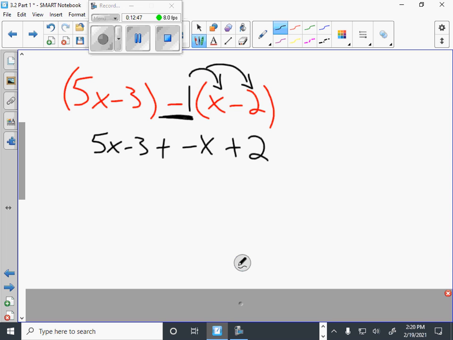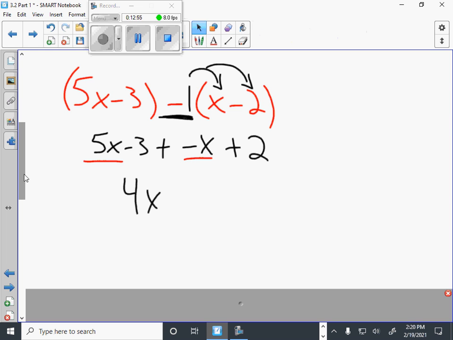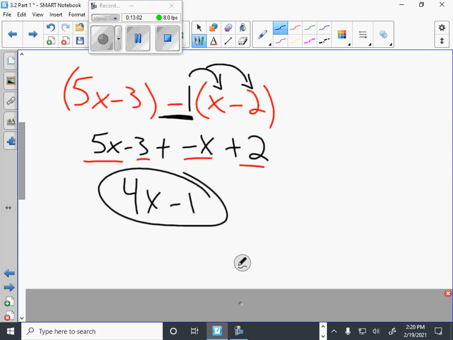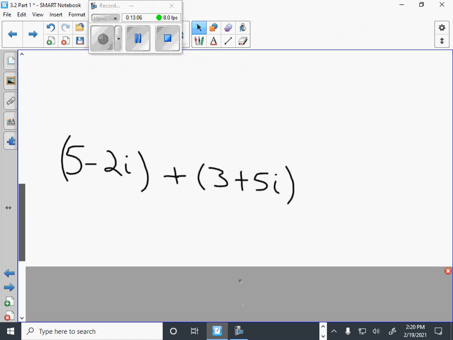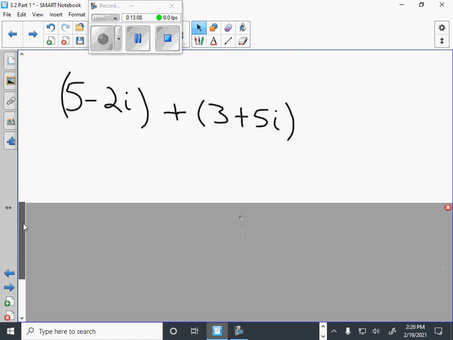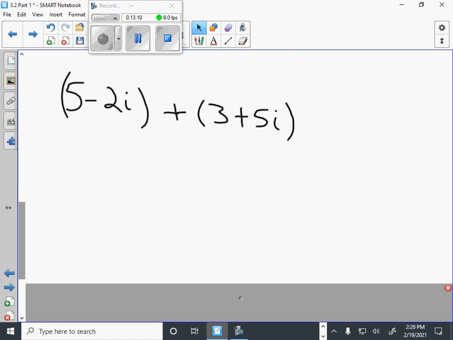And now we can take our like terms and add them. We have 5x and negative x. That gives me 4x. We have negative 3 and positive 2. That gets me a negative 1. 4x minus 1. There's our final answer. Same thing goes with i's.